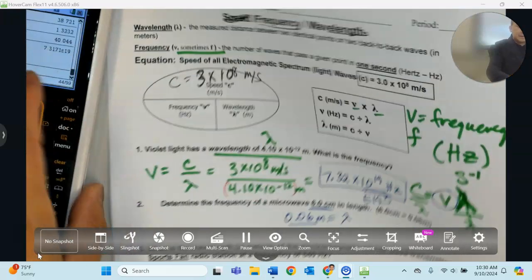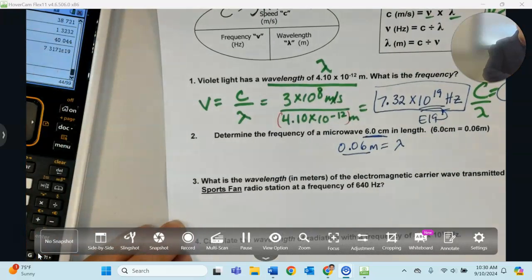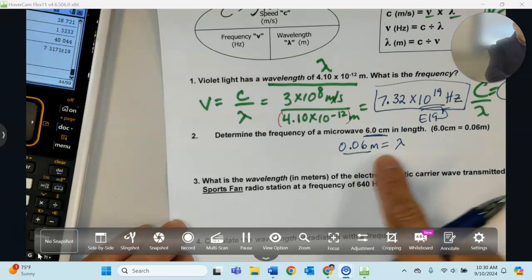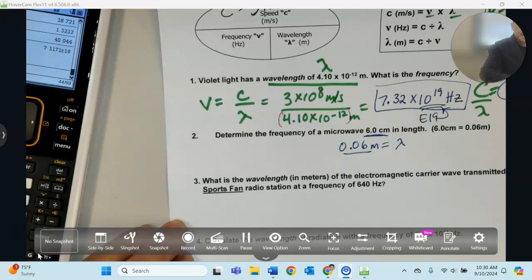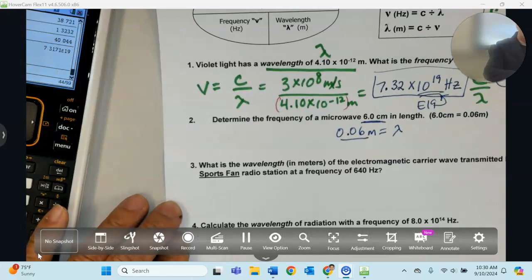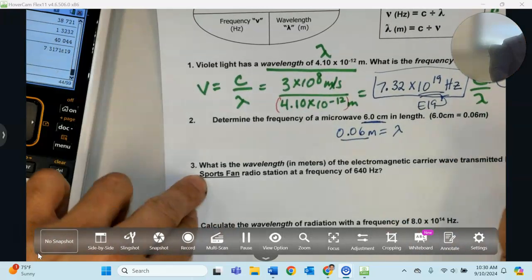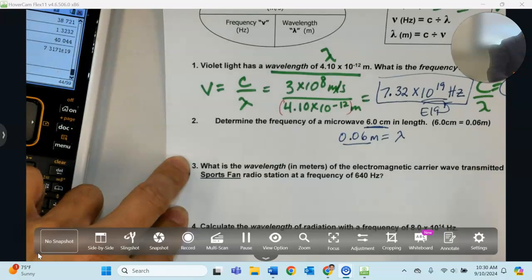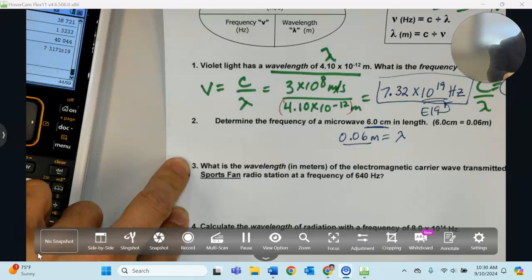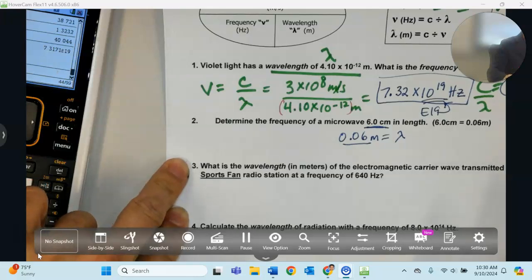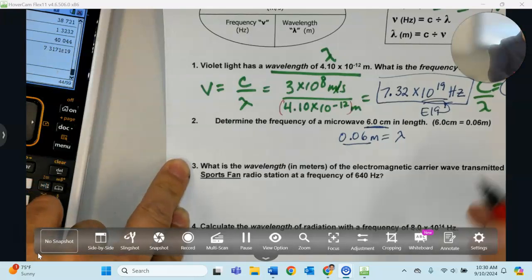This one's a little easier. Okay, so that's your lambda. All right, let's just do it anyways. Just more practice here. You can do 2 on your own in a little bit down here.